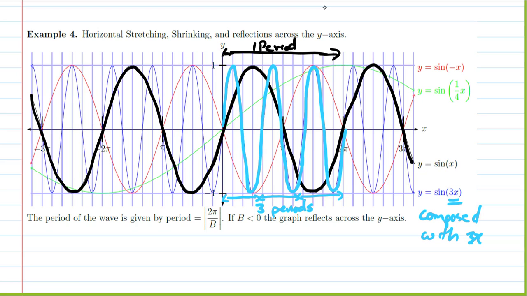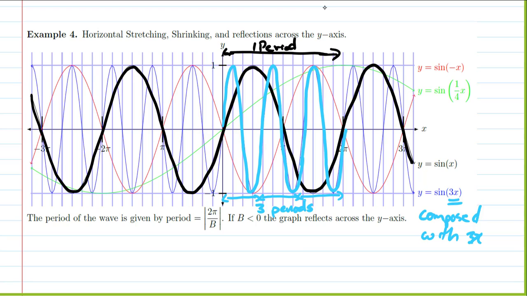So when we did the composition of sine with 3x, what effect did that have on our wave? It caused it to go through 3 times as fast, right? When you replaced x with 3x, the argument inside the function increased by a factor of 3. Therefore, it went through 3 periods instead of 1 period in 2 pi.